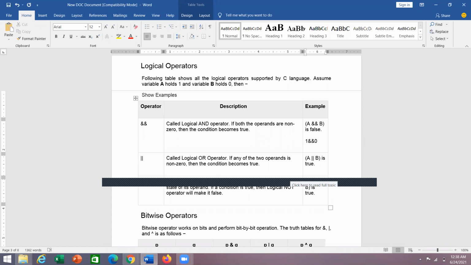Both operands, meaning A and B, must be non-zero. If any one is zero, it becomes false. If two operands are non-zero, it becomes true.